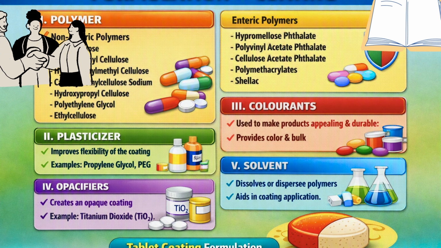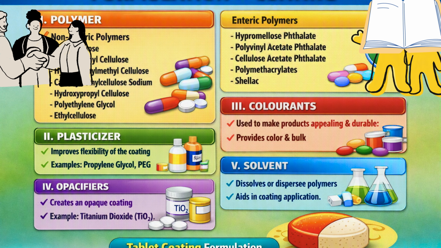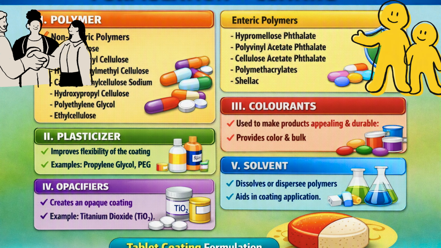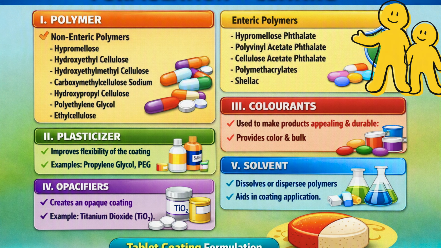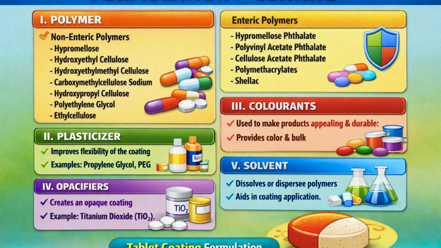In the formulation of tablet coating, the primary ingredients are polymers, plasticizers, colorants, opacifiers, and solvents. First, polymers: a protective layer of coat that gives every tablet its strength, stability, and style. Next, plasticizers are added to the coating formulations to make the polymer film more flexible, smooth, and less brittle.